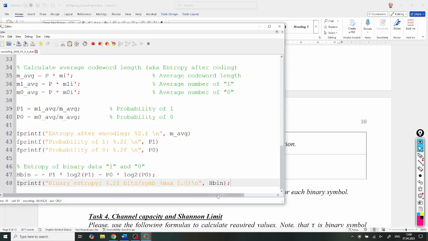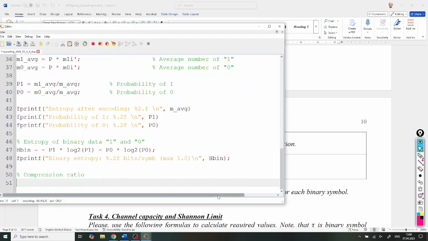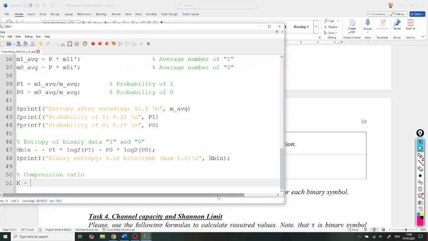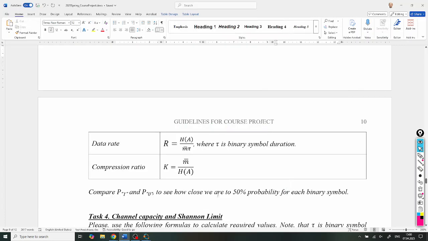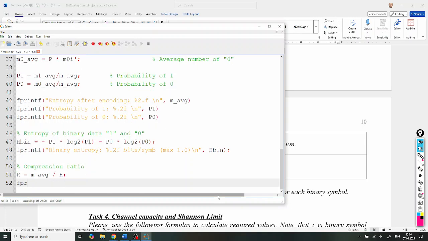I'm actually going vice versa, so first compression ratio, which is the letter for that K, so that is M average versus the entropy, fprintf.